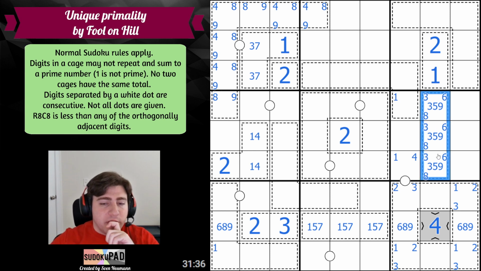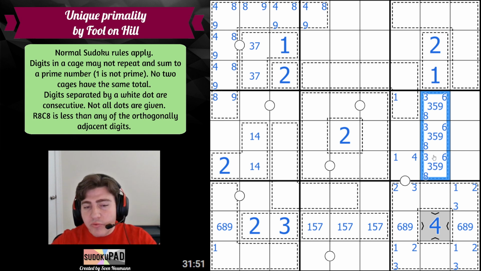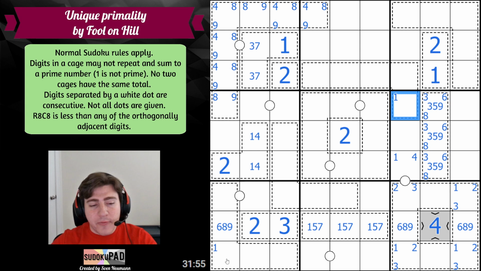I almost wish that one of these had to be the 689 because at least that would be again a limiting case. 368, 359. Why does one of those work while the other one doesn't? I don't know. Why is one of these the 19 cage while the other one isn't?